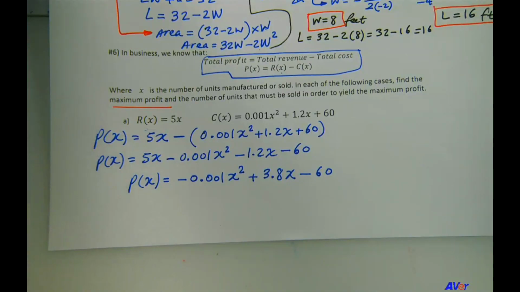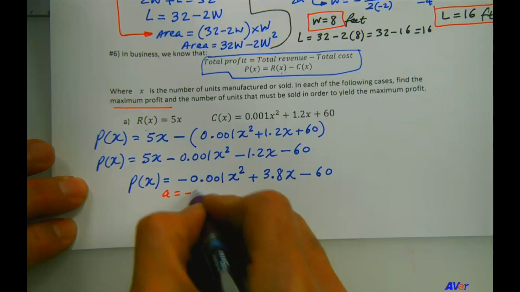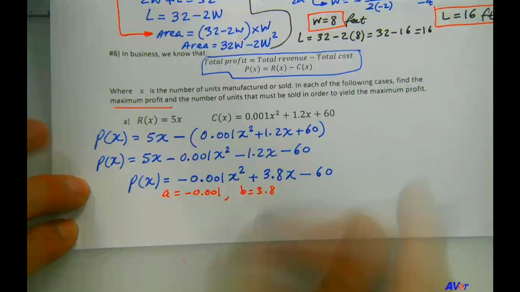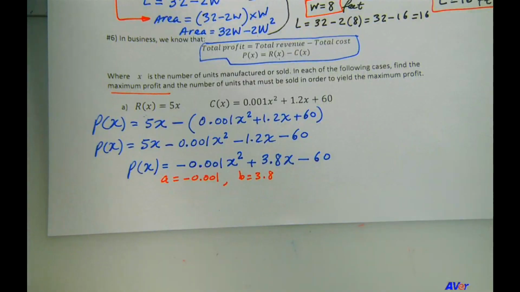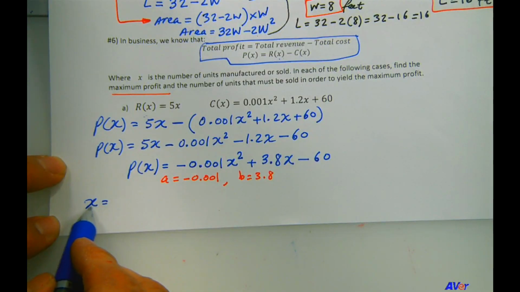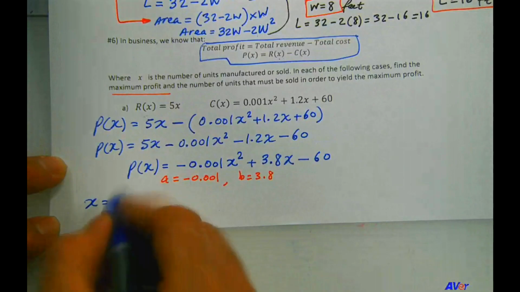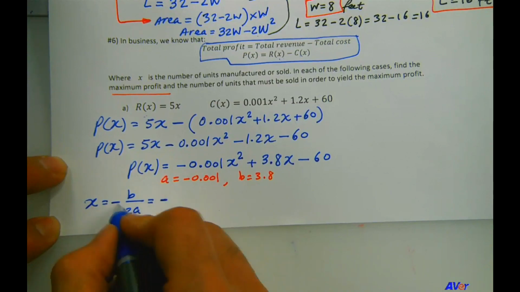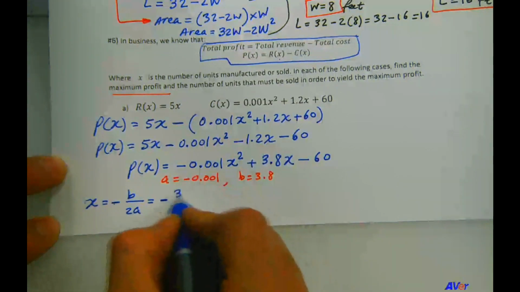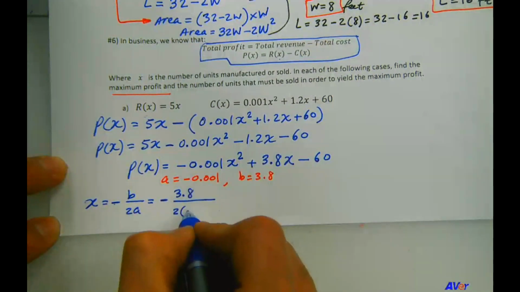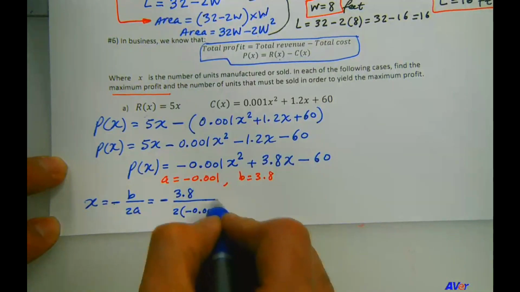So here, in this case, we have a equals minus 0.001, b is equal to 3.8, right? So then the x component, and this is the number of units that must be sold in order to yield the maximum profit, we're calculating that using the formula minus b over 2a, equals minus 3.8 divided by 2 times minus 0.001.